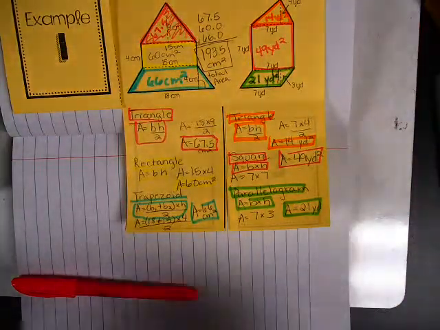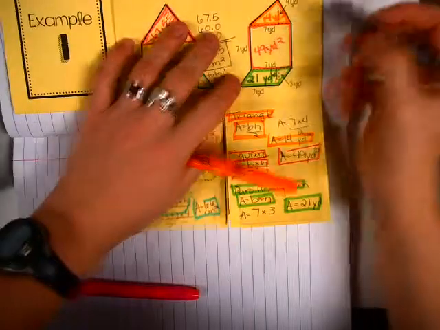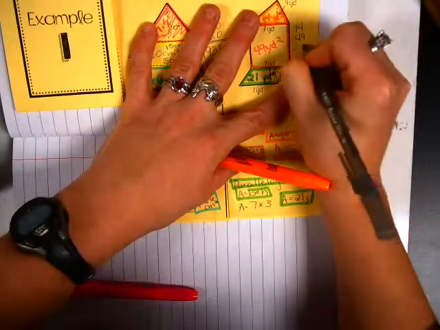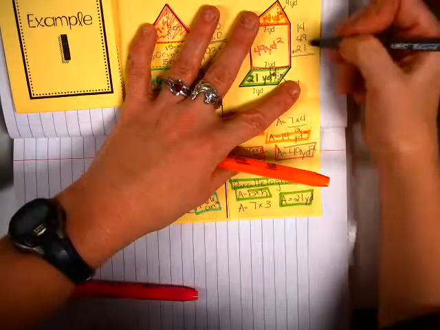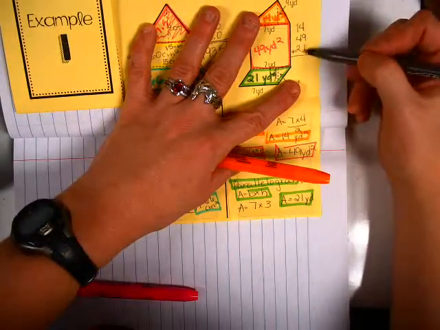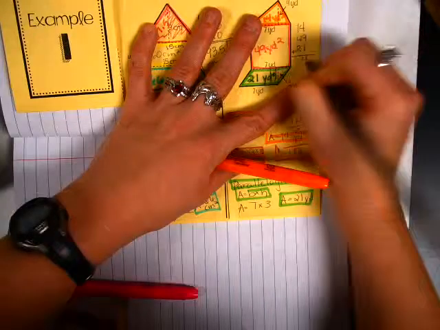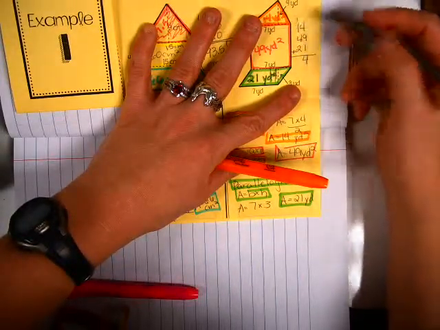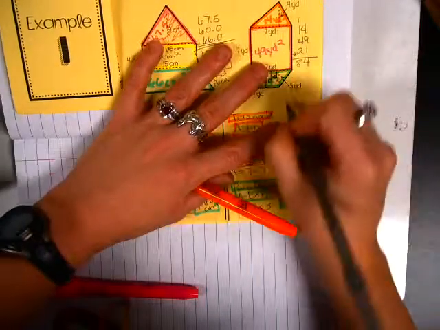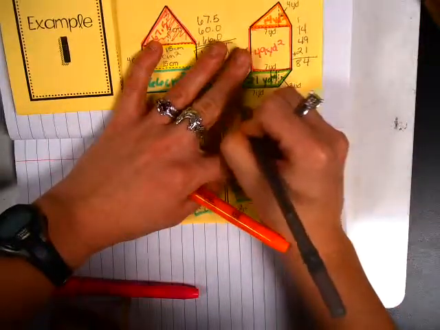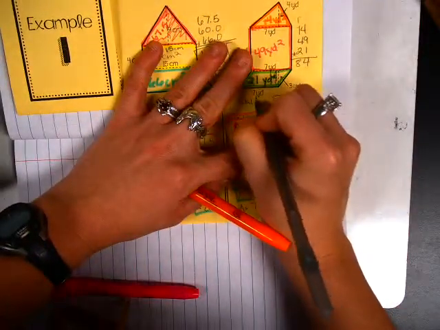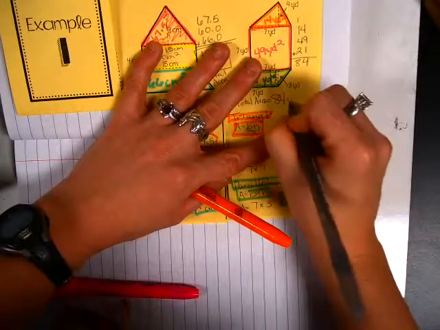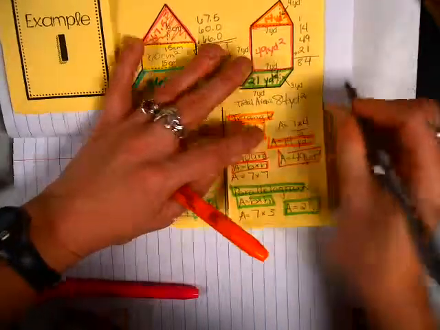Alright, now what do I have to do? I have to add all these figures up. So I have 14, 49, and 21. Add them all up. So my answer is, this is my total area, is 84 yards squared.